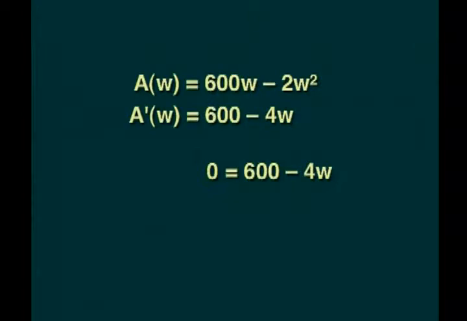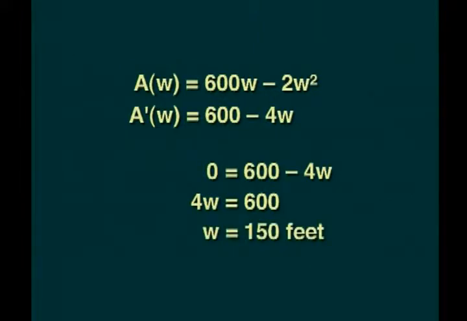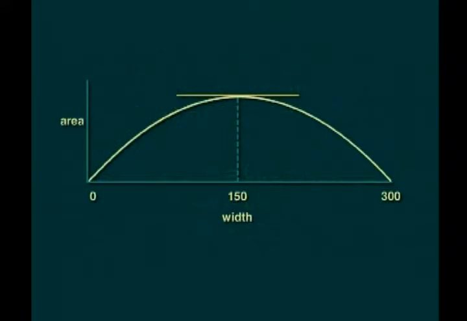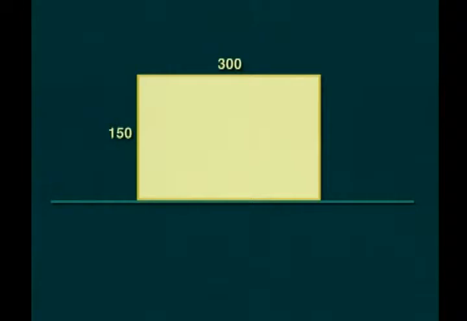That happens when 600 equals 4W, and that'll happen when W equals 150 feet. So the answer is 150 feet. That's how wide we should make the river and the fence, 150 feet. And here is the picture of the enclosure when it's 150 feet wide.